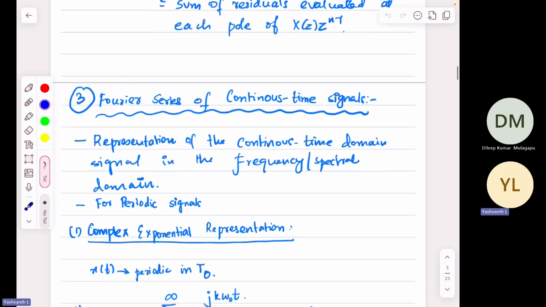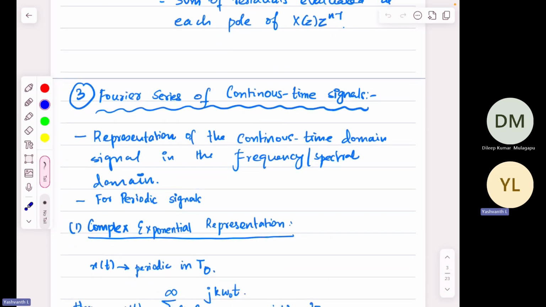So that was the remaining bit from the z transform. Now we will talk about Fourier series expansion of continuous time signals. So very good. What we have seen until now in the course: we started our course with what are signals, what are the different types of signals.